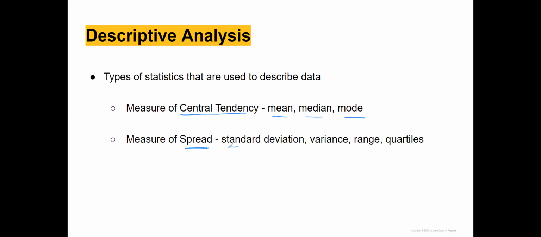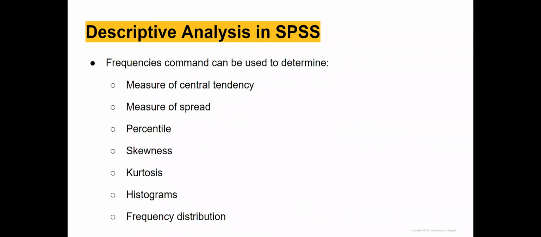The spread involves standard deviation, variance, range, quartiles. These are the basic descriptive analyses which we do. You can do these things very easily in SPSS. Under SPSS descriptive analysis, you can do the central tendency, spread, percentile, skewness, kurtosis, histograms, frequency distributions, all those options.